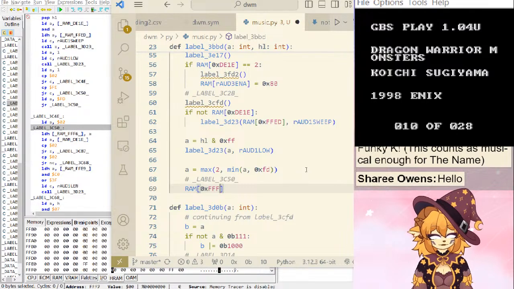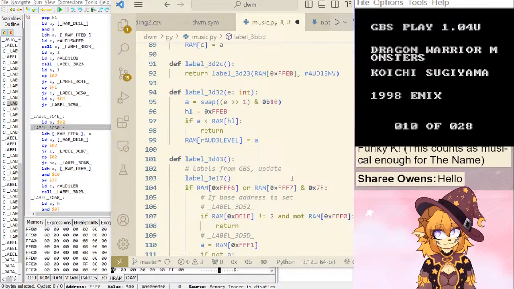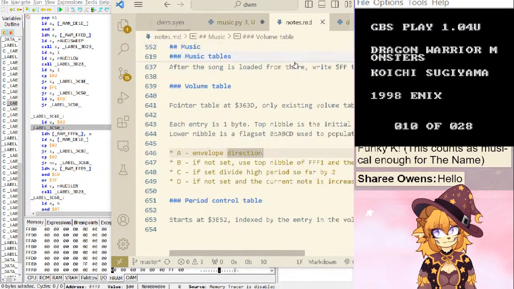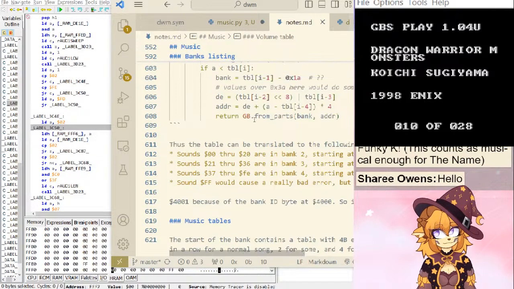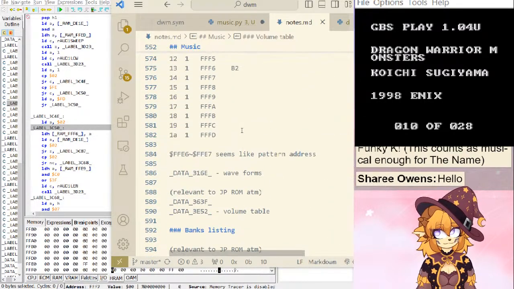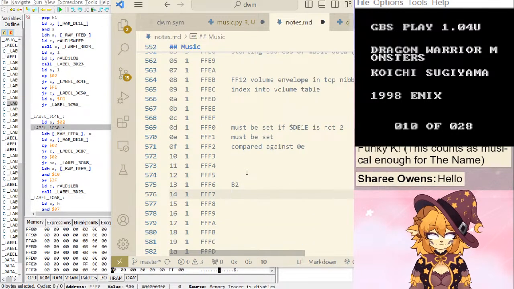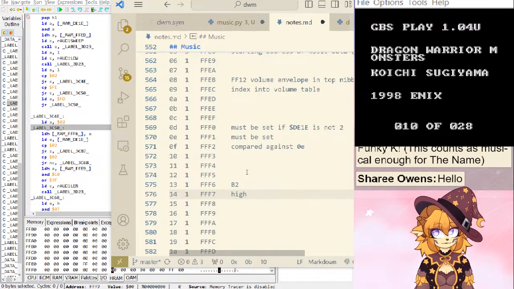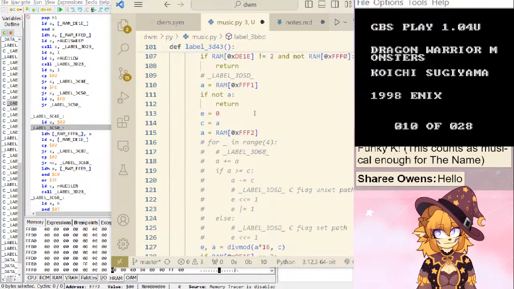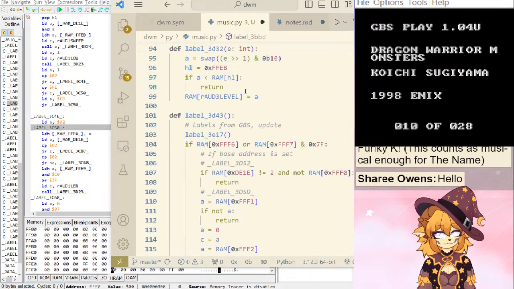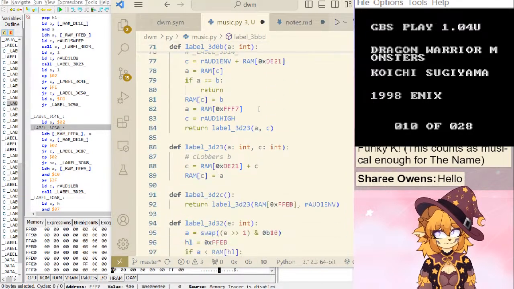0xFFF6. I think we've looked at that, but I don't remember if we know what it is. I should write down what FFF7 is too. Is this just a high period? Or is it a period index? Oh wait, it was here. Okay. Yeah, it's a high period.